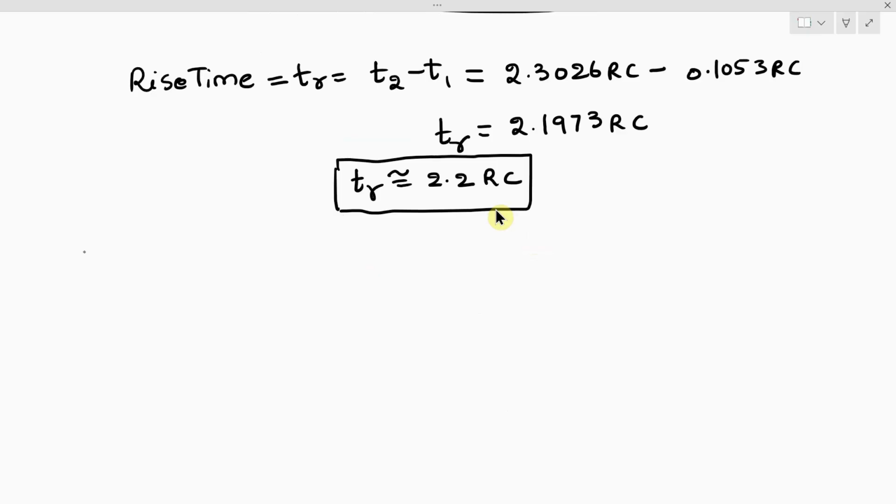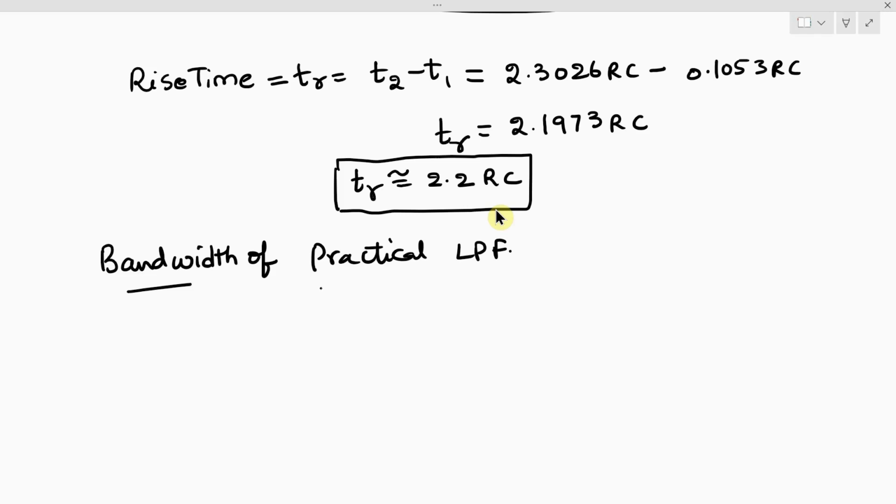Now, till now we have discussed only the rise time. What is the objective here? It is a relation between bandwidth and rise time. So now we have to discuss the bandwidth of the system which we have considered, the bandwidth of the practical low pass filter.